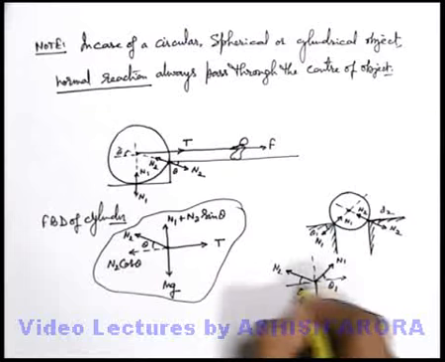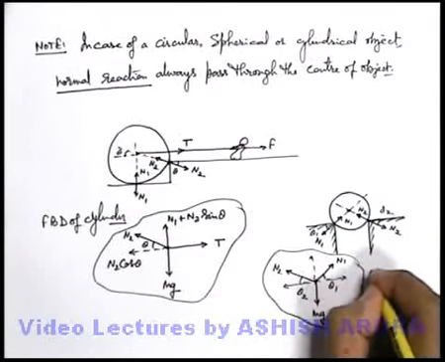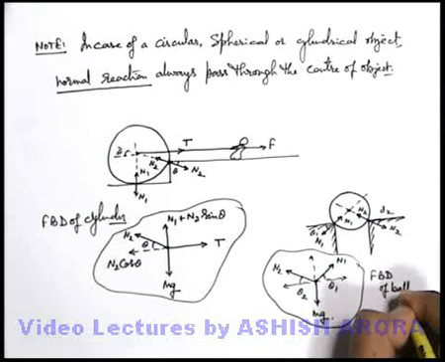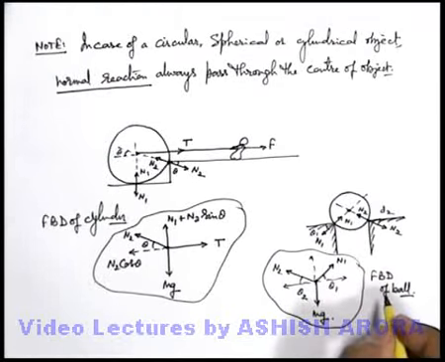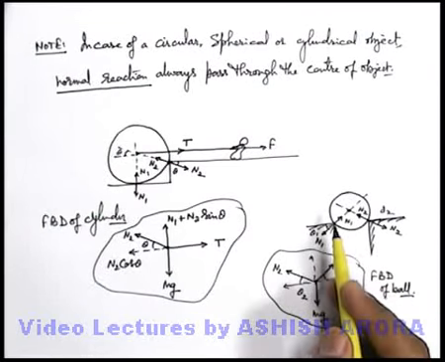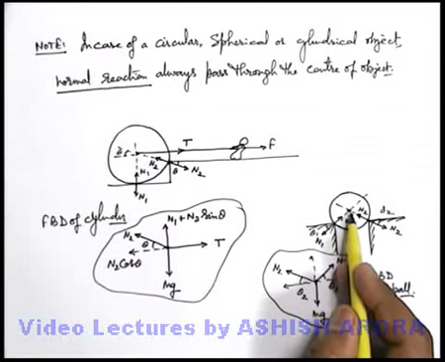And further, if we wish, we can resolve these forces, and this will be the free body diagram of this ball. We can write this as FBD of ball. So be careful whenever you draw a free body diagram of circular, spherical or cylindrical objects. Always remember that the normal reaction acting at any point must pass through the center of the object.